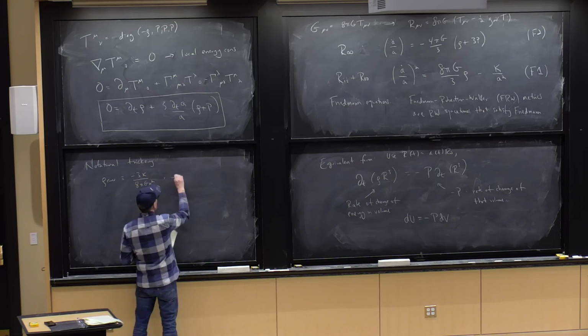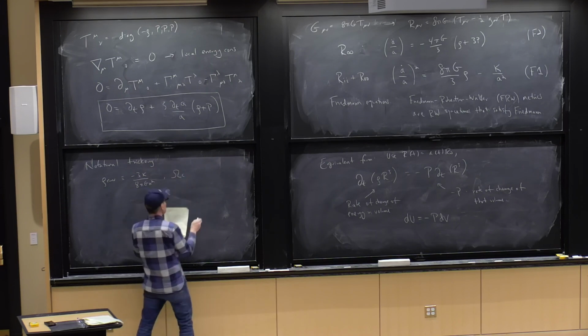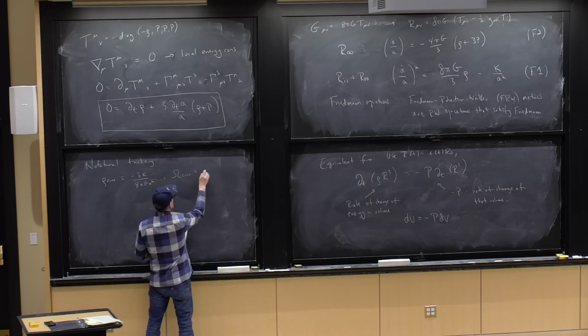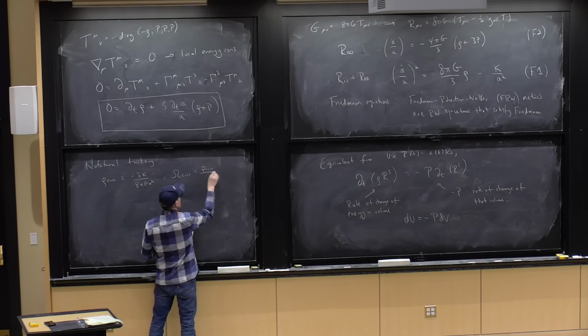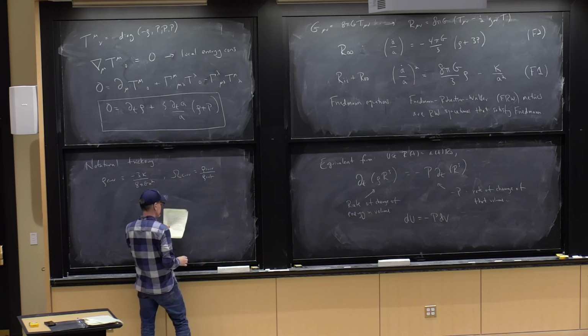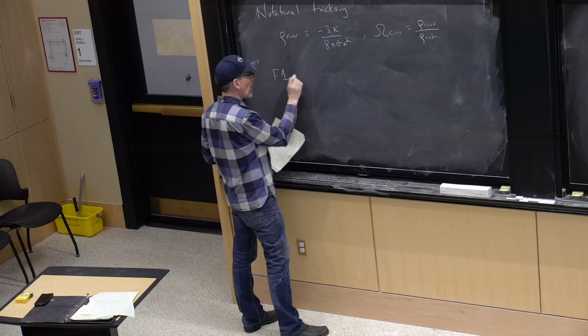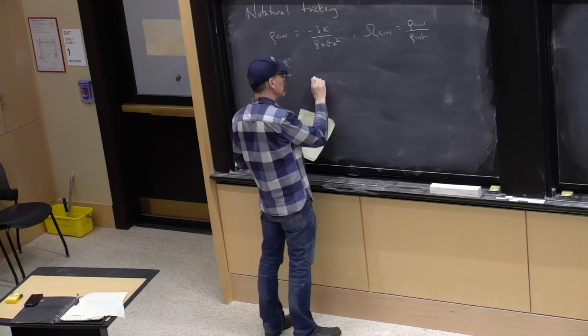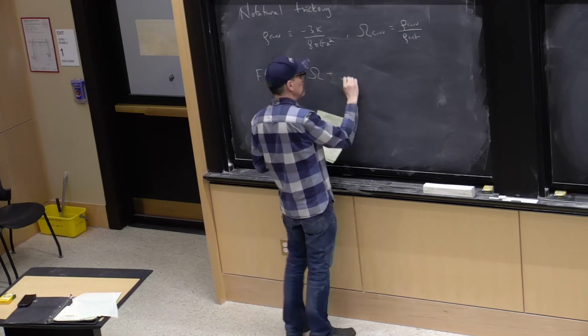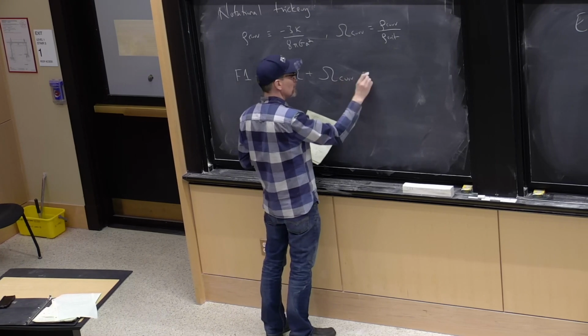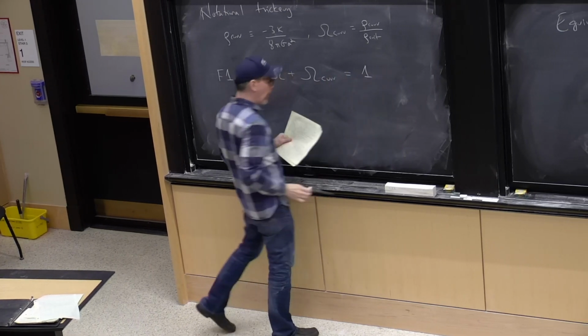You can then define an omega associated with curvature to be rho curvature over the critical density. And when you do this, F1, the first Friedmann equation, becomes simply omega plus omega curvature equals 1.